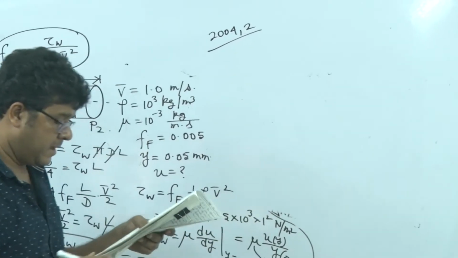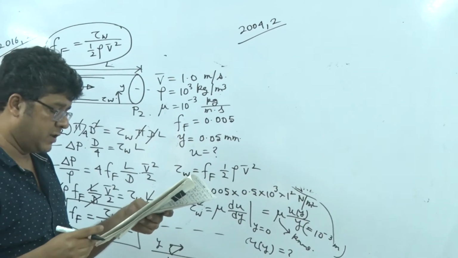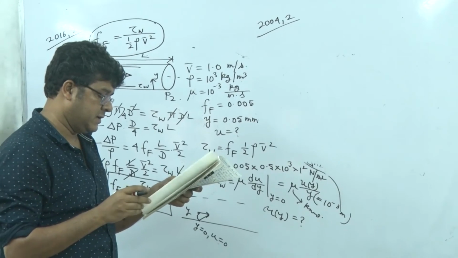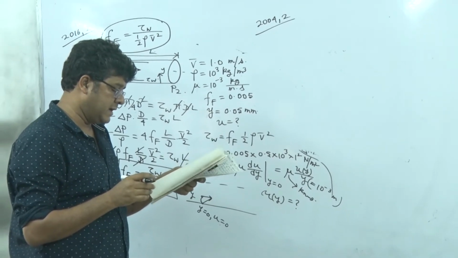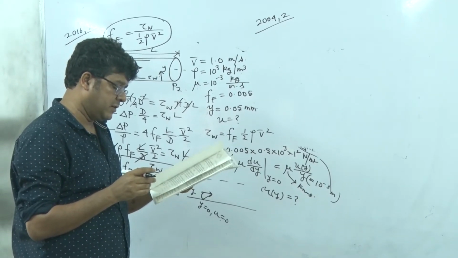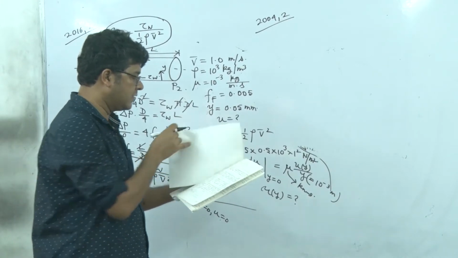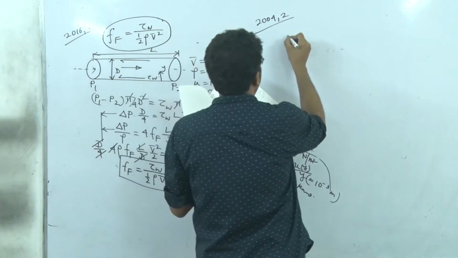What is that? Three piping networks as shown in the figure are placed horizontally. They are made using identical pipe segments and are subjected to the same pressure drop across them. So what are the pipe segments? These.